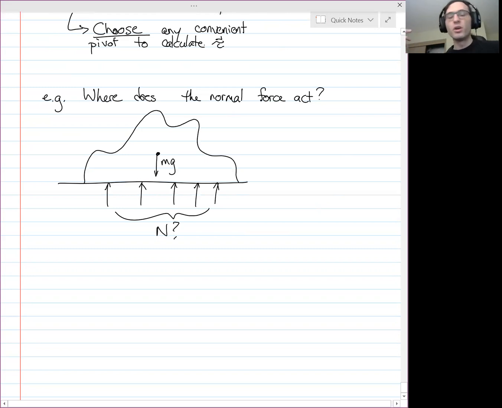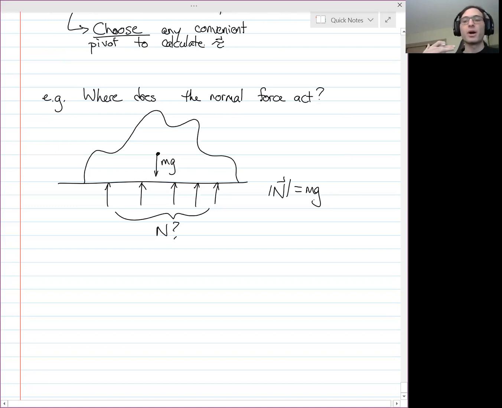We know that if these are the only two forces present, the normal force has to cancel out in magnitude the gravitational force. We know that the net force has to be 0, so the magnitude of N has to equal mg.